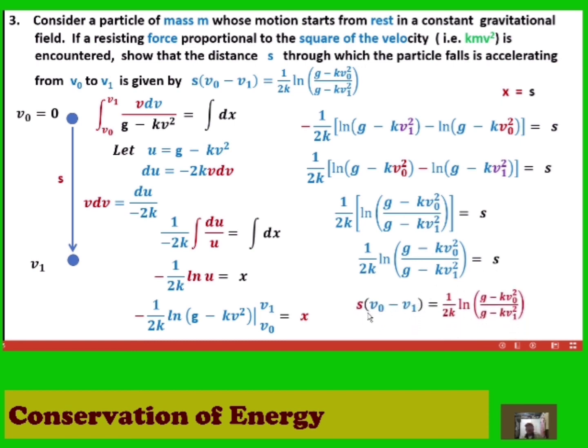So this is the value of s, the distance traveled by the particle as it moves down against the resisting force. So s as it moves from b sub o to b sub 1 is equal to 1 over 2k times ln of this quantity g minus kb sub o square all over g minus kb sub 1 square, which is equal to this given equation.